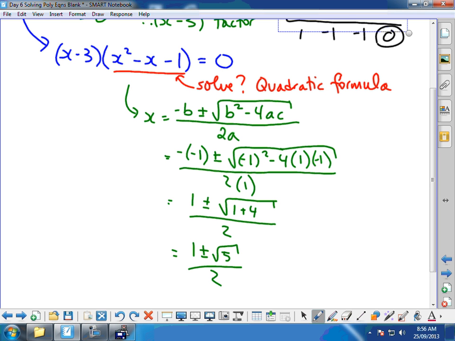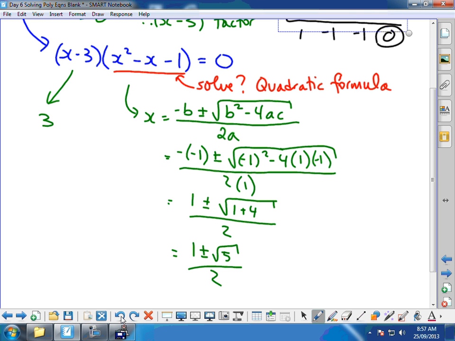How many answers do I have here? I got 2 there, for a total of 3. Don't forget, and this is where it's very easy to forget because you're spending all this time on the quadratic formula, that you already have one of the answers, right? This one, you have an answer of 3.